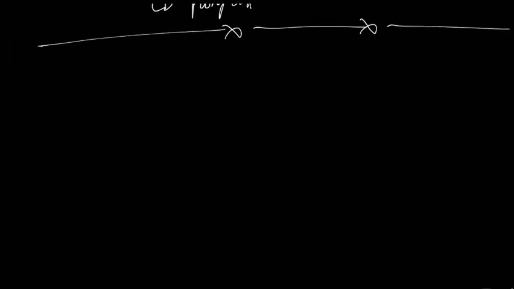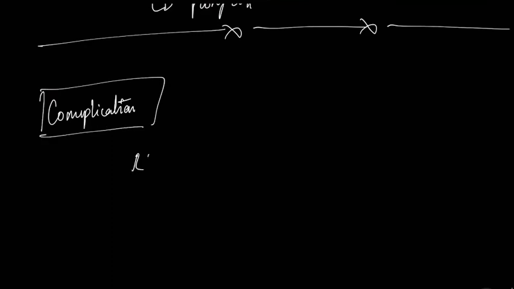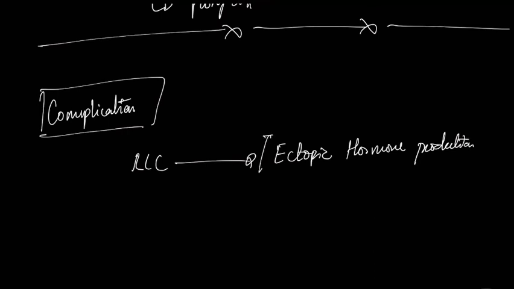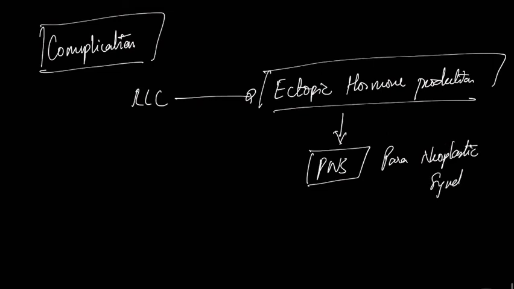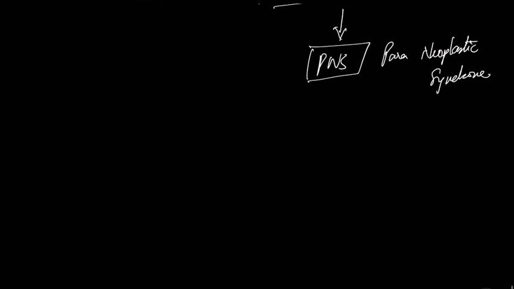Now let's come to the complications of your RCC. Your RCC can lead to ectopic hormone productions. This leads to your PNS, that is your paraneoplastic syndrome, such as polycythemia.